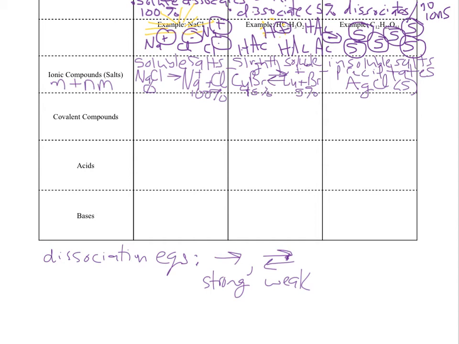Okay, and then an insoluble or non-electrolyte, this is what the dissociation equation is going to look like. It's not an equation because nothing's happening, right? We just say, okay, this stays solid all the time. There is no dissociation. All right, so that's it for salts. Covalent compounds do not have any ions, so they are never electrolytes. Never.